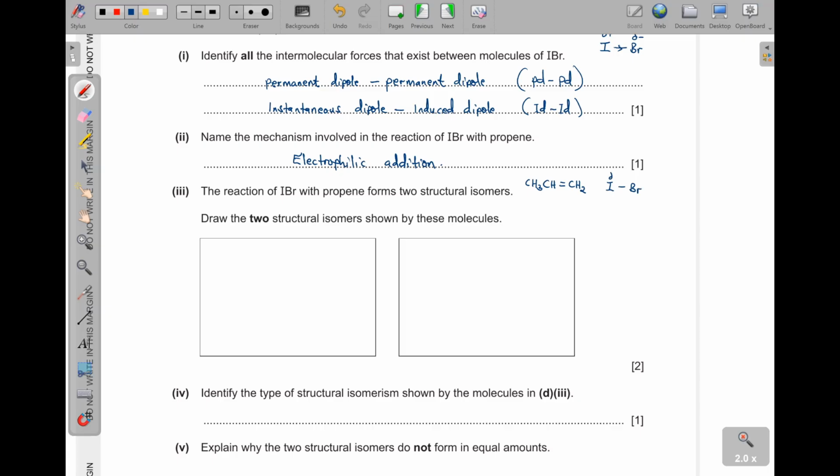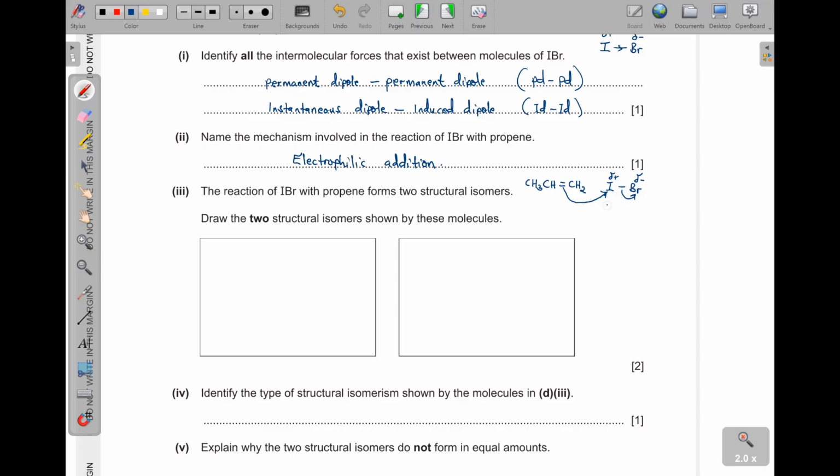Since this one is already partially positive and this one is partially negative, as it draws near this molecule here, remember here we have electrons which are negatively charged. So this one here will be attacked, and then this one will go off.